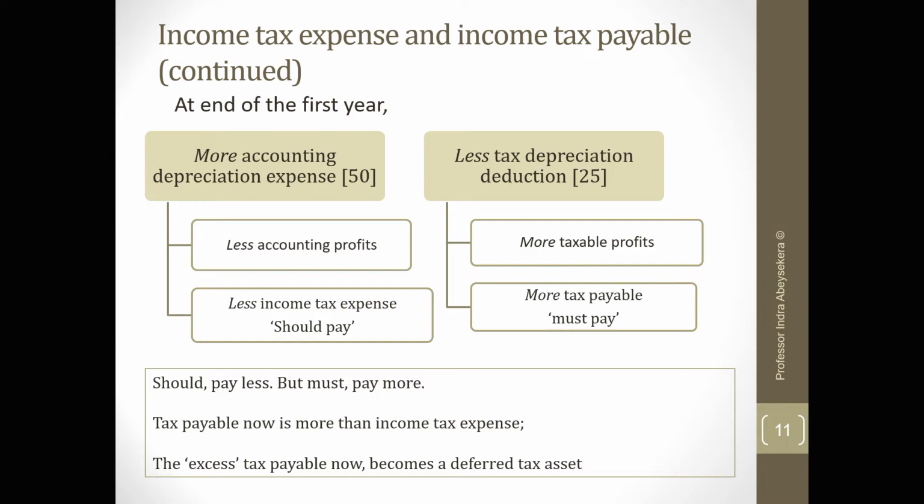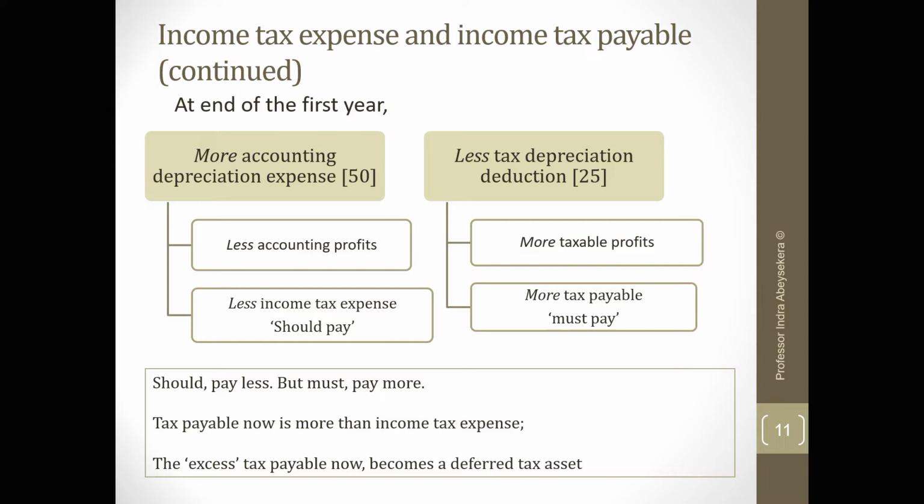So there's more taxable profit, more tax to be payable. So must pay is more than should pay, and there's a difference between the two, and that difference is called the temporary difference.